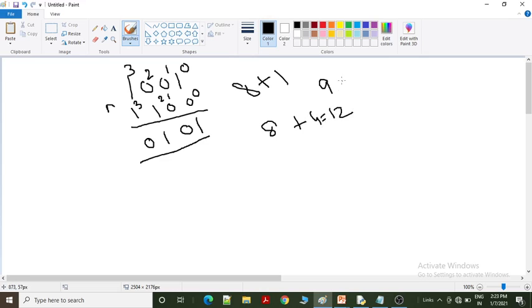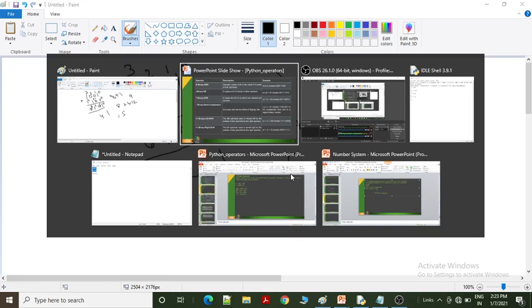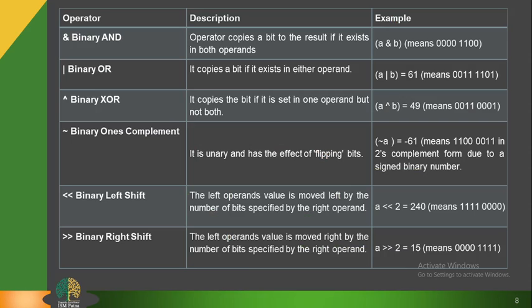So these both are the input and this is the output. Let's check the output also: 1 and then 4, sorry, it's 4, not 8, equals 5.